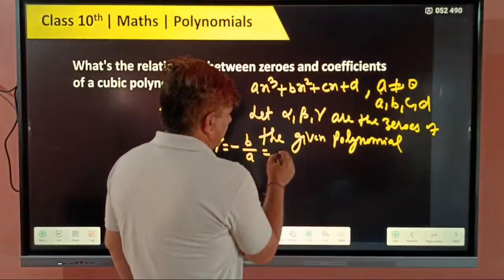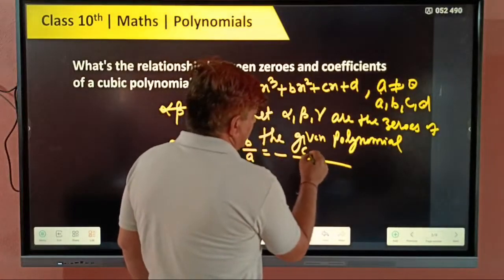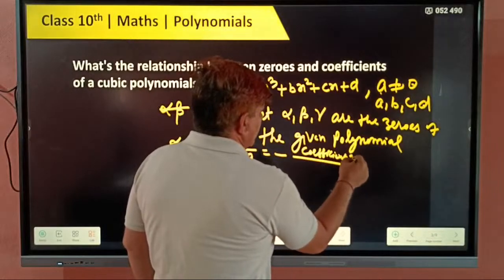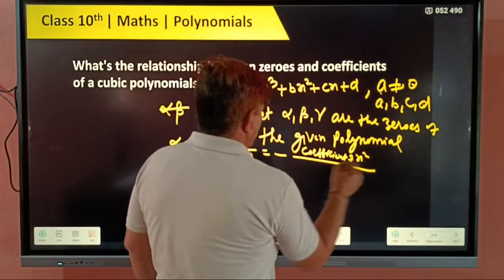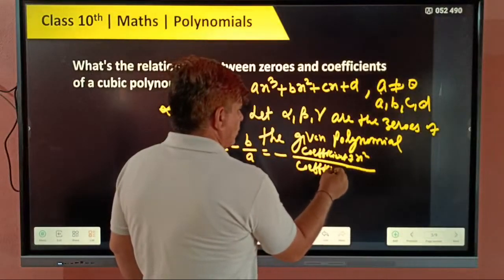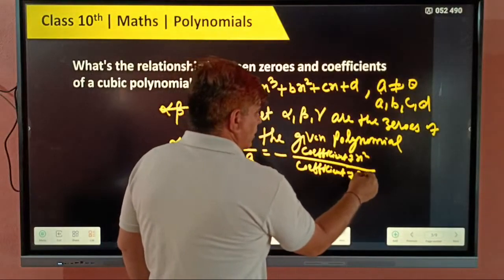This we can say again as minus the coefficient of x square divided by the coefficient of x cube.